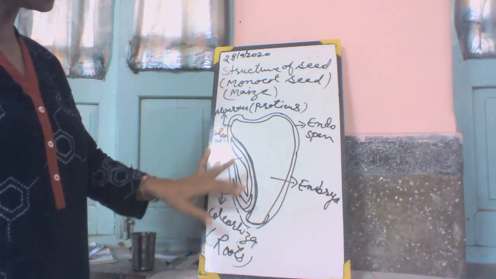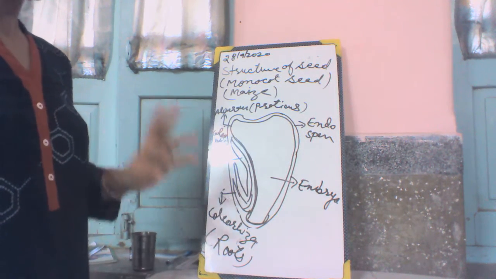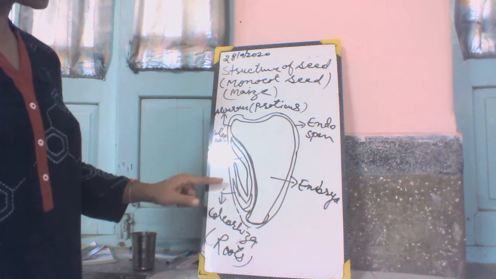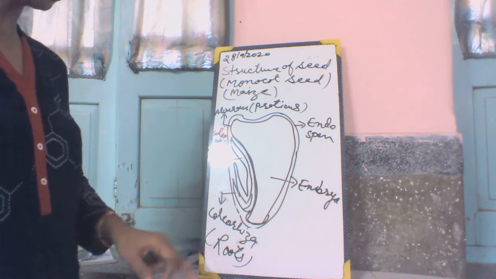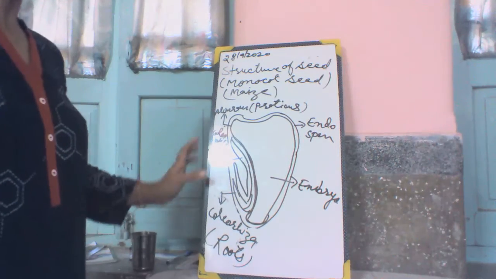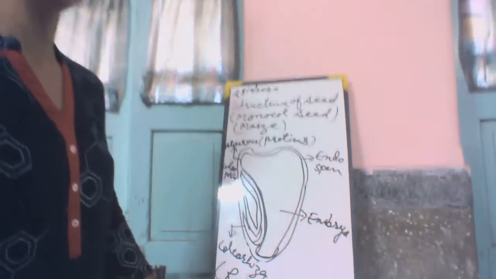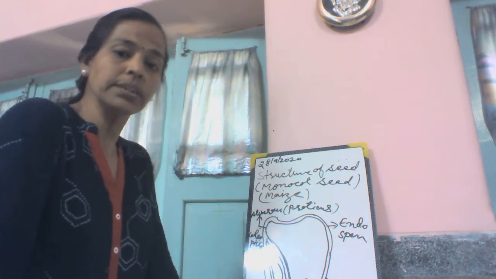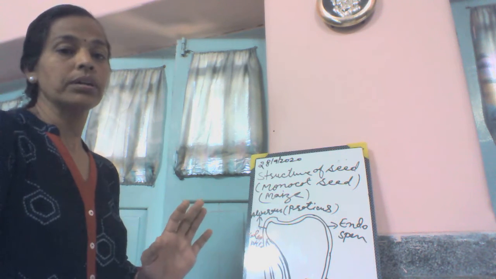These tissues are known as cotyledons. There are two parts in the embryo, radicle and plumule. Here we see a layer over the radicle, and this layer is known as coleorhiza, which develops into the root system. The protective sheath over the plumule is known as coleoptile, and this coleoptile develops into the shoot system.